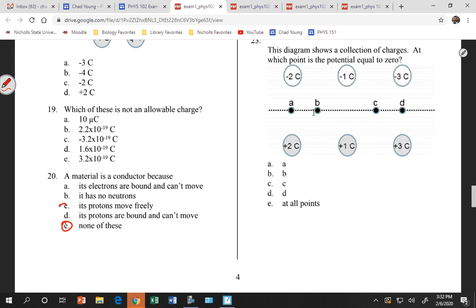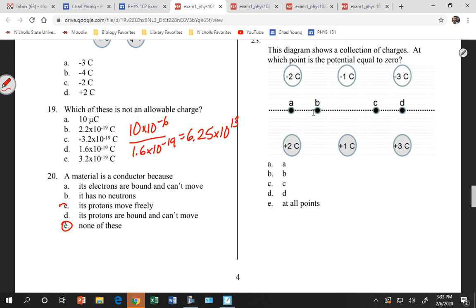Usually, because the way you test is you say 10 times 10 to the -6 divided by 1.6 times 10 to the -19. If I do that, I get 6.25 times 10 to the 13. That's an integer, right? It's a 6, 2, 5 with 11 zeros.